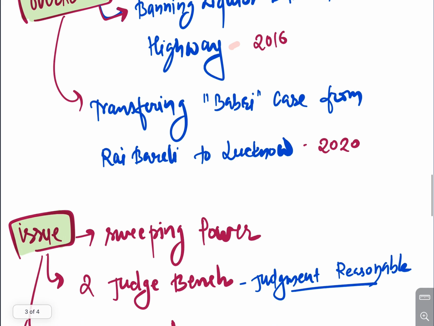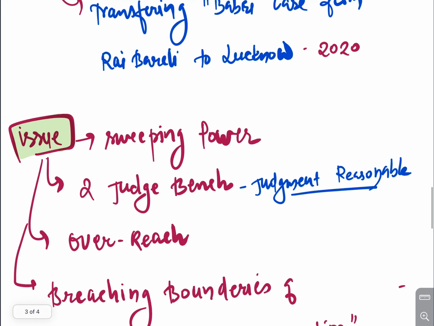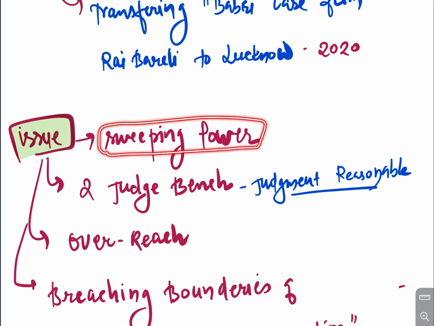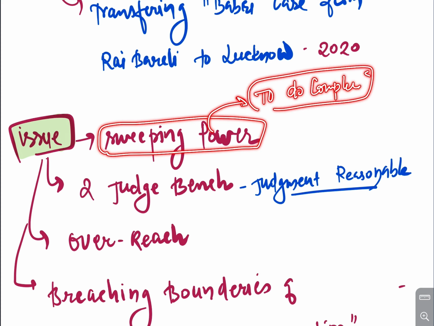So what is the issue here? The issue is that many commentators say the article gave the Supreme Court sweeping power, because to do complete justice is a vague term, right?